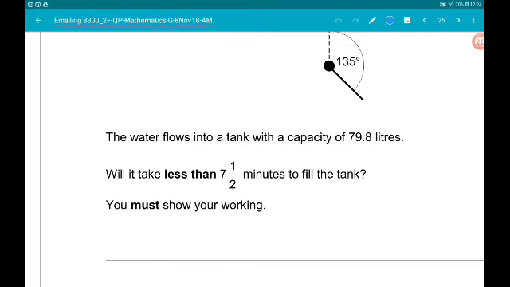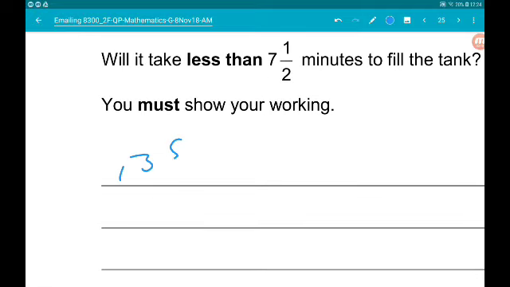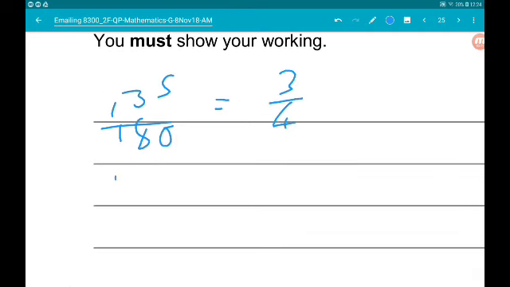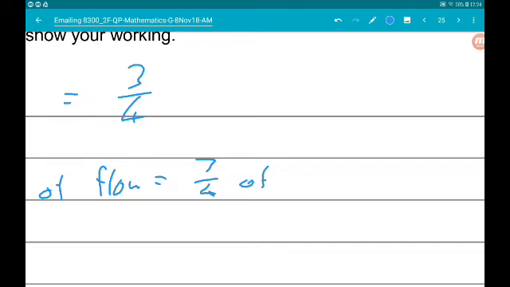So if the tap is open at 135, we need to know what fraction is that of 180. So stick it into your calculator: 135 over 180, and you will get 3/4. So the rate of flow is 3/4 of 14 litres each minute.